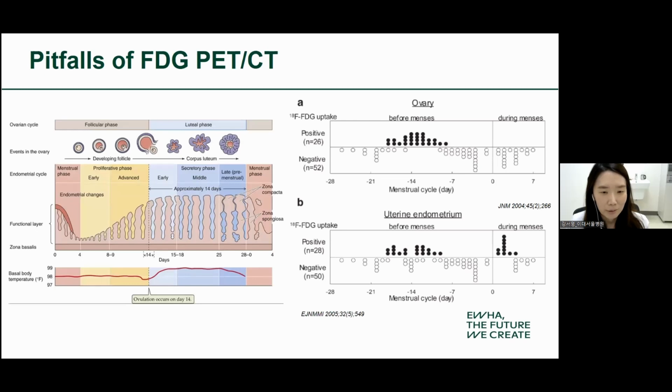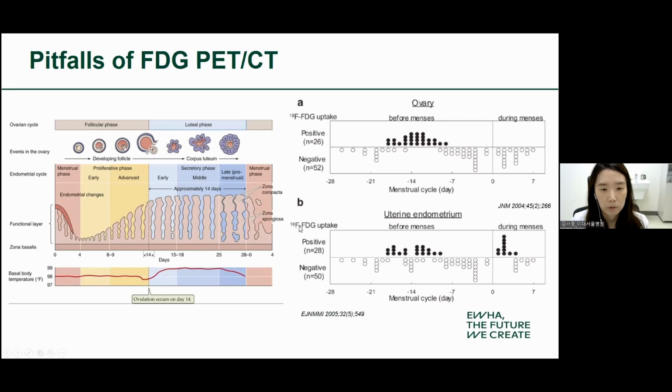Yeah, actually, as I told you, it is impossible to absolutely differentiate between physiologic uptake and malignant lesion in the uterus and ovary. But I think it could be very useful if we have the patient's menstrual information.